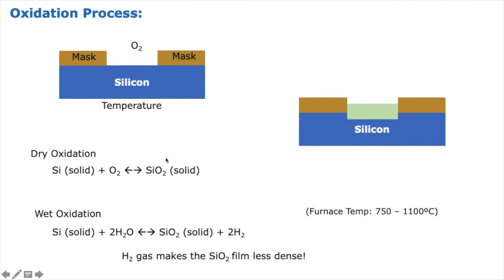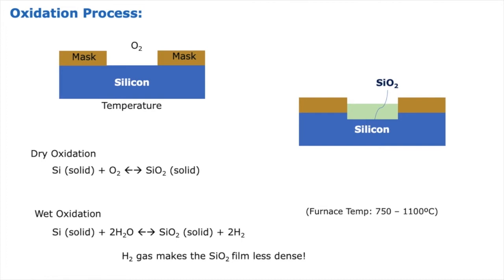Now remember that in the case of the dry layer, the silicon is consumed and gets oxidized, but in the wet oxidized layer, the reaction takes place at the bottom, right? And this hydrogen gas that comes out is coming from the bottom, all the way through this silicon dioxide layer, and therefore the wet oxidized silicon dioxide can be a little bit more porous.